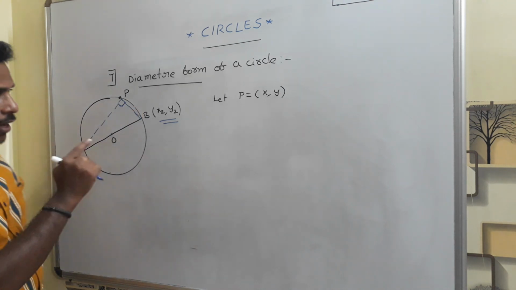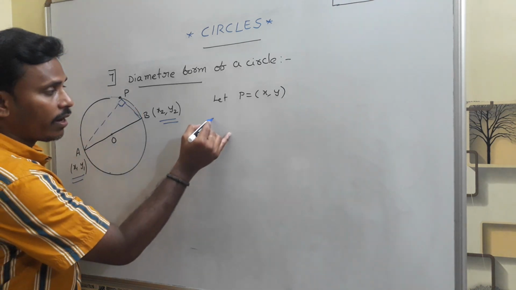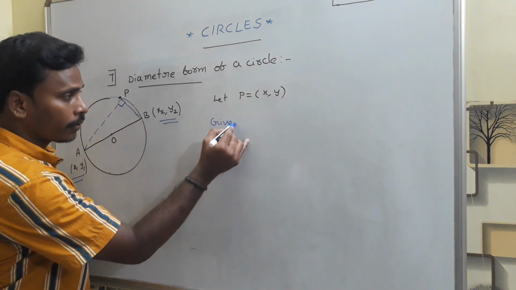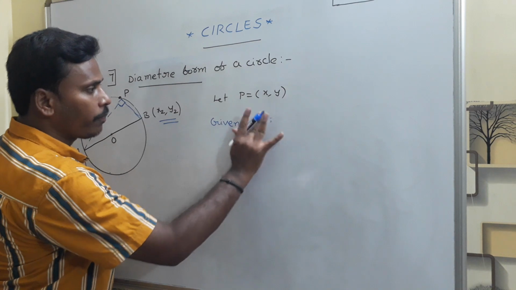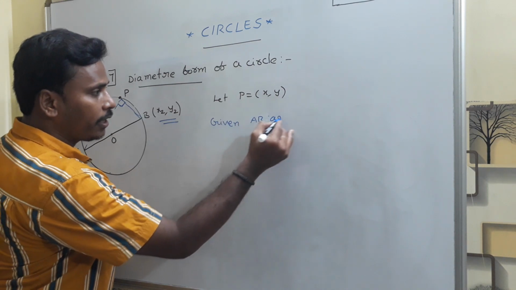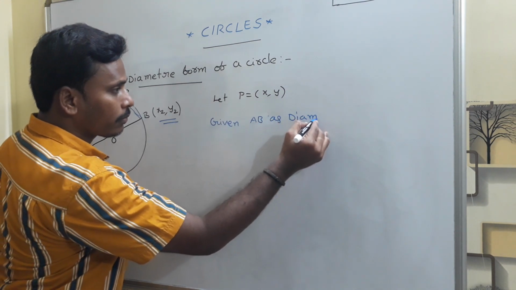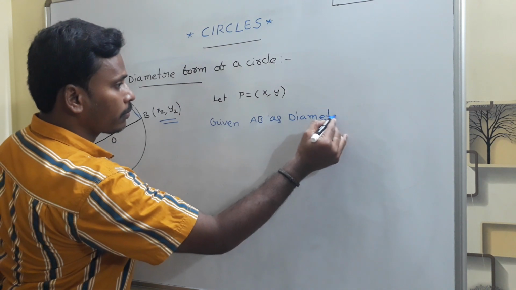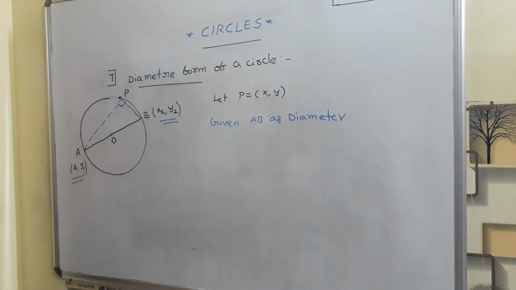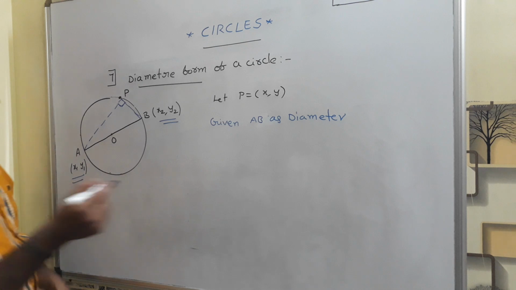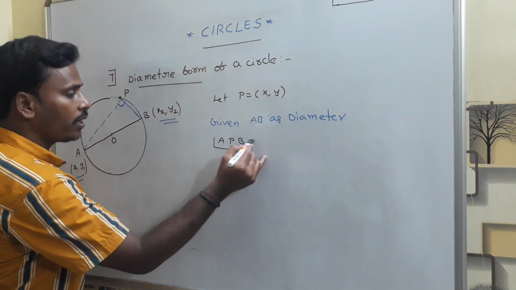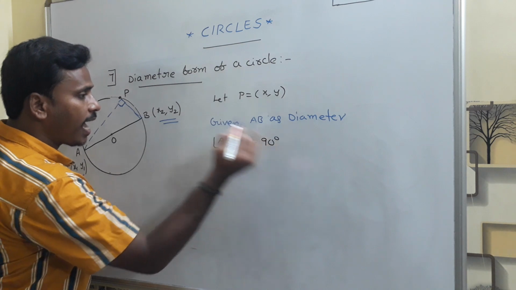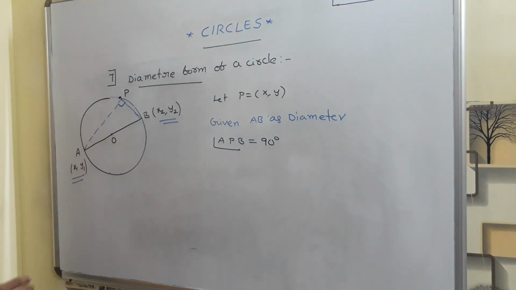Given AB as diameter and P (x, y) any point on the circle, we have angle APB equal to 90 degrees.